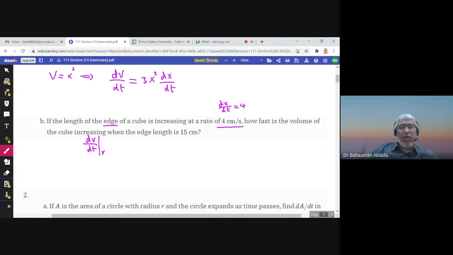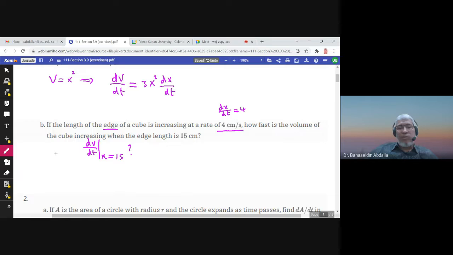So when x is 15, dV by dt is equal to 3 times 15 squared times dx by dt, which is 4. So you can multiply now 12 times 15 to the power 2, and it's 2,700 centimeter cube per second.